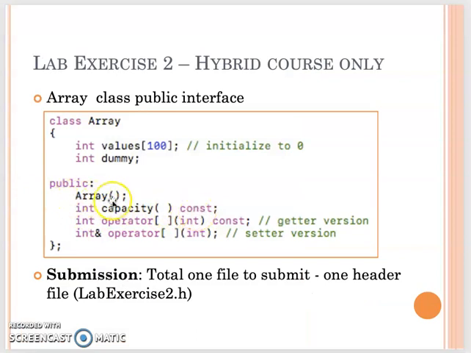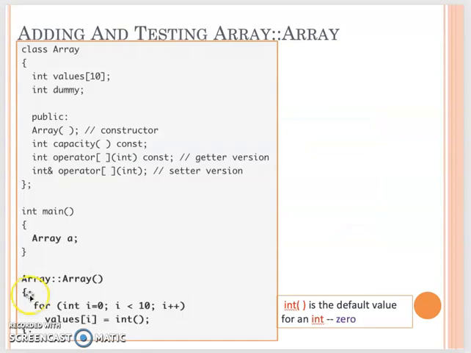So how should we test the default constructor, the setter function and the getter function? We do the constructor function first. If you remember our constructor function, what does it do? The default constructor actually only does one thing.